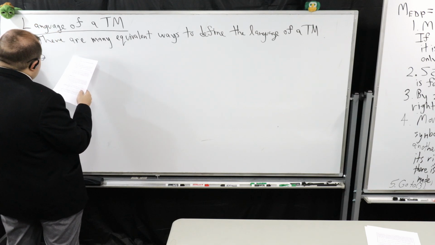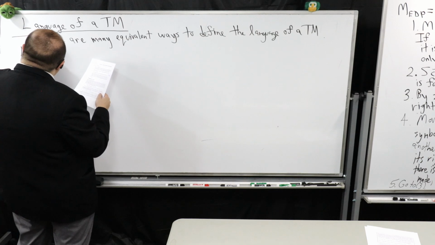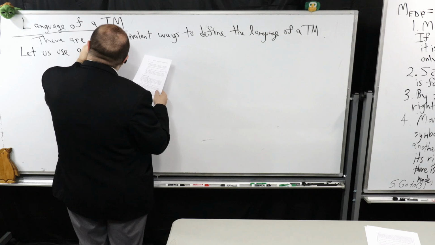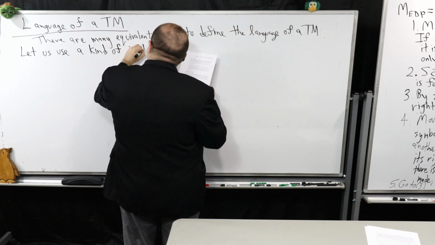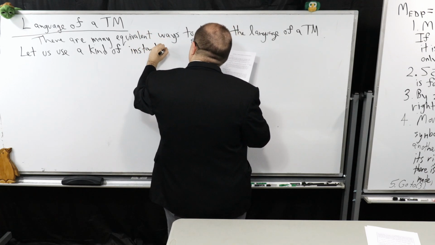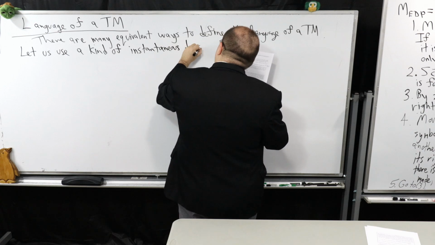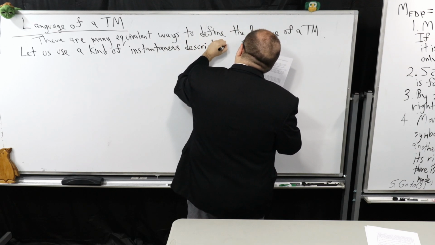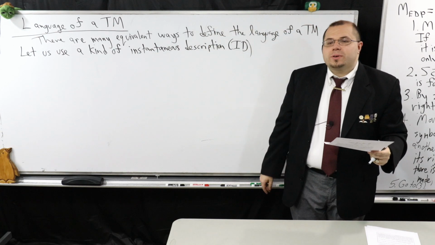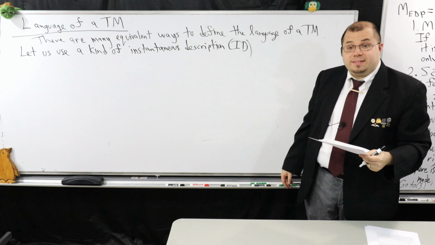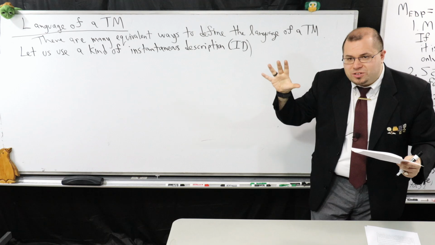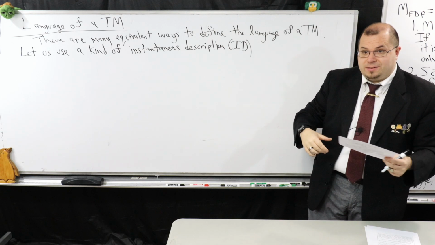So let us use a kind of instantaneous description. Remember, the point of the instantaneous description is to describe the current configuration of the machine, so that you can describe formally what a move looks like.